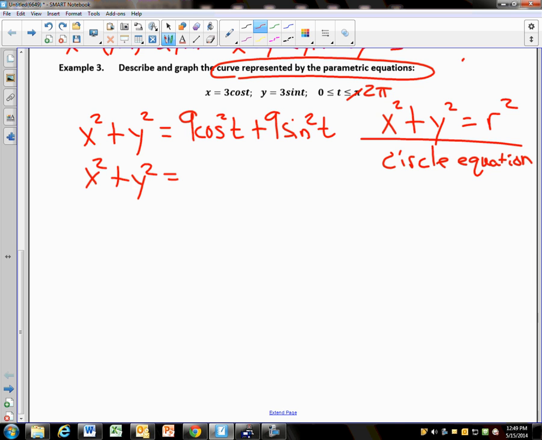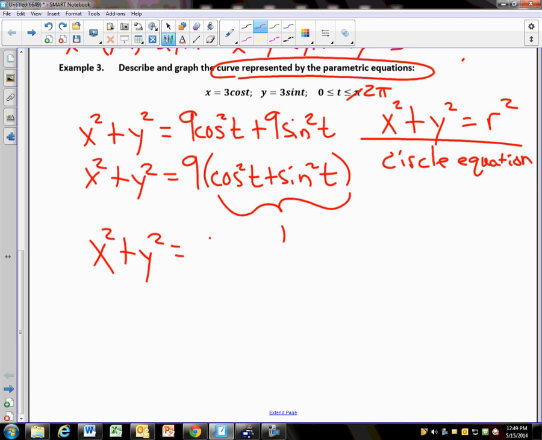I can factor out a 9, and I get cosine squared of t plus sine squared of t. What is sine squared plus cosine squared? So you end up with x squared plus y squared is equal to 9. What's the radius of a circle like that? 3. Is that what we had? Yes. So we generated an equation based off of this information.